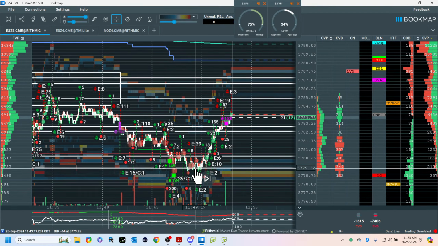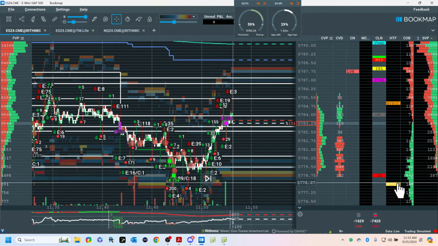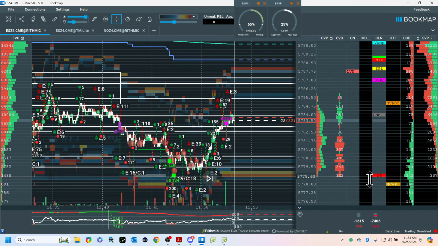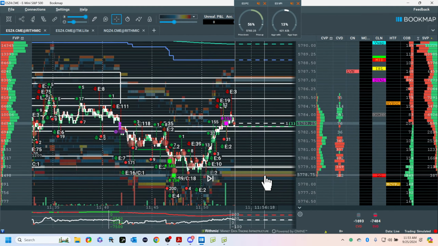See, the thing with the auction is there's no precision in this. This could be a valid test of this location. There's no way to know until hindsight. You know, there's a lot of traders who post things, here's why we had the high of the day. Here's why. That doesn't do us any good.